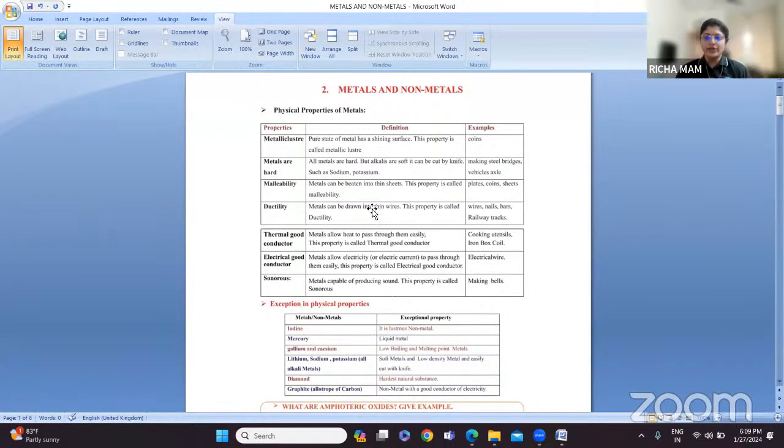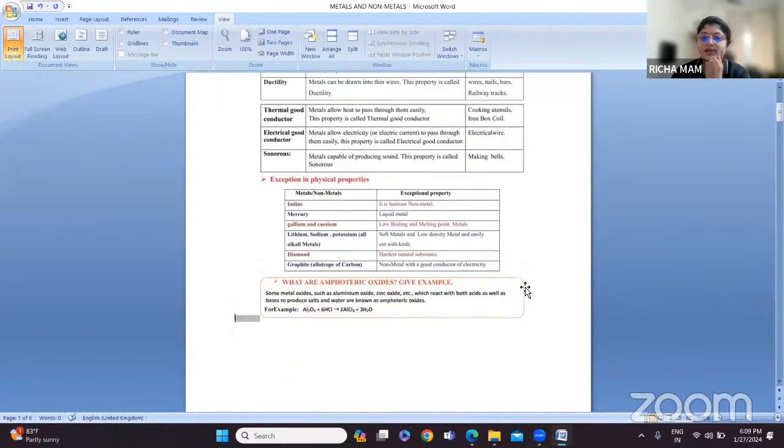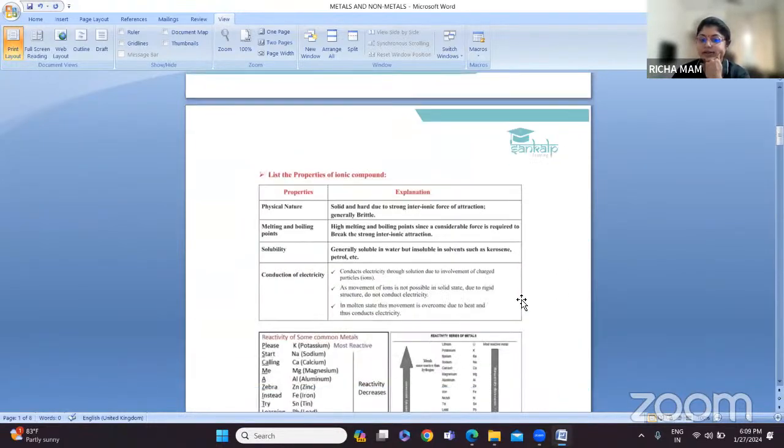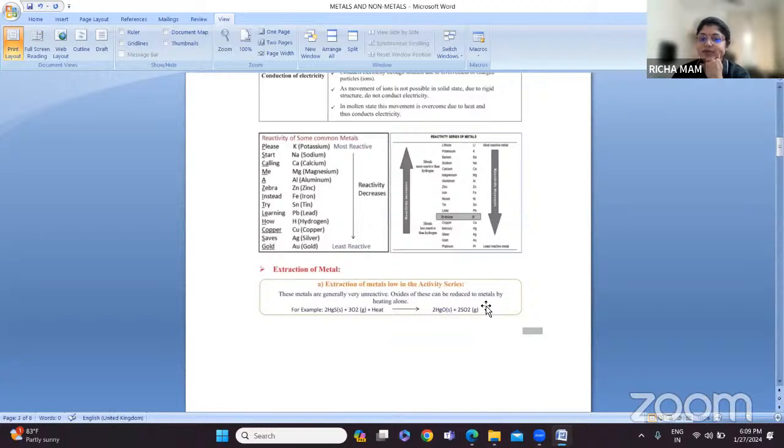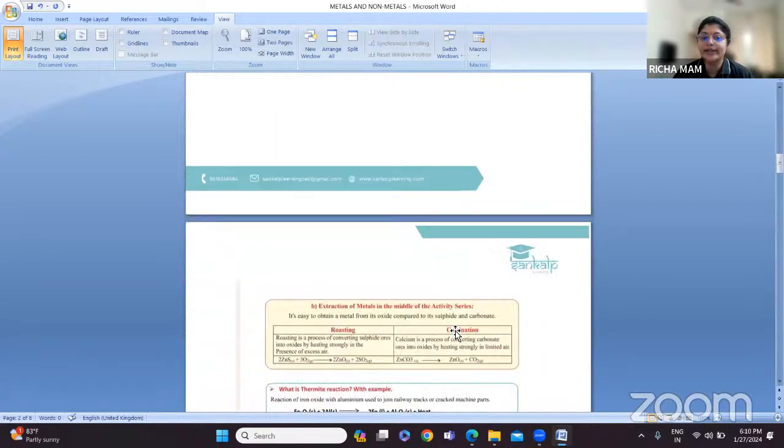When you want to extract a metal from the low reactivity series, the oxides of these can be reduced to metals by heating. You have to heat them.